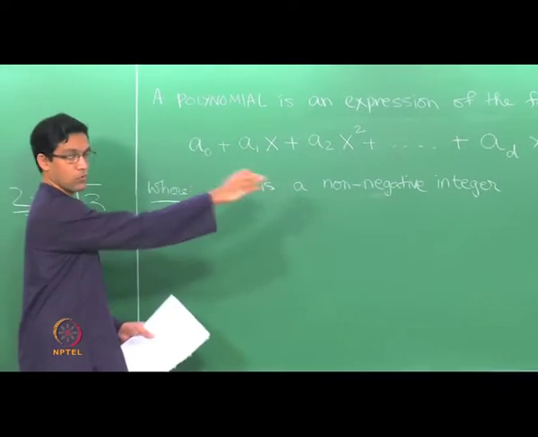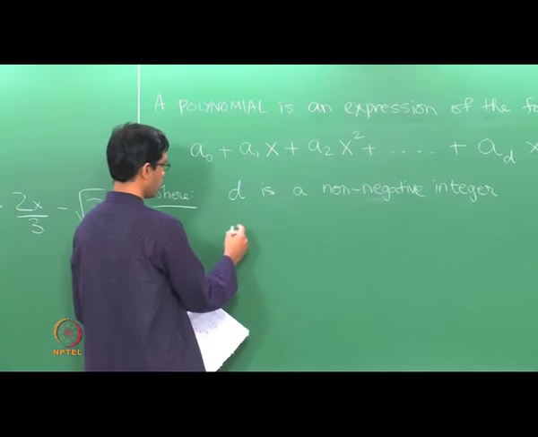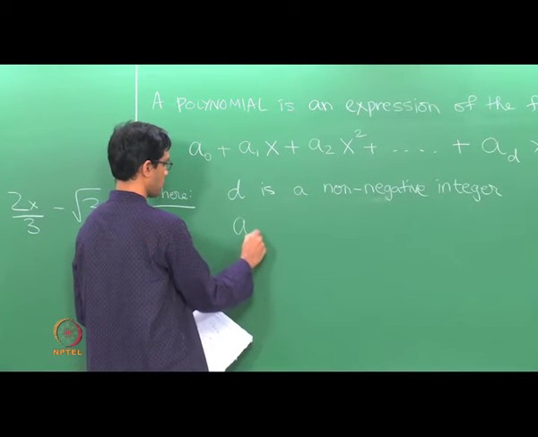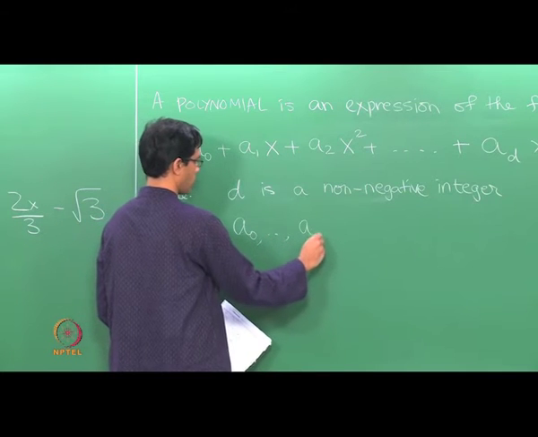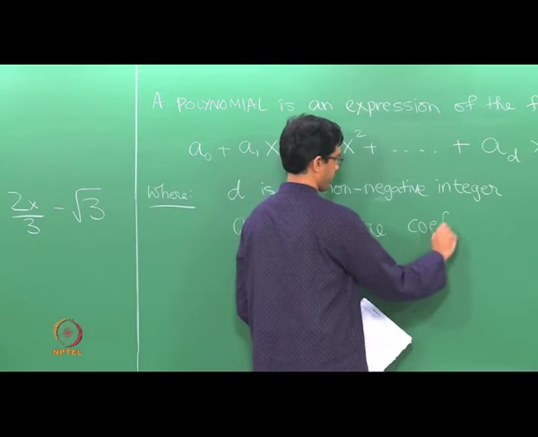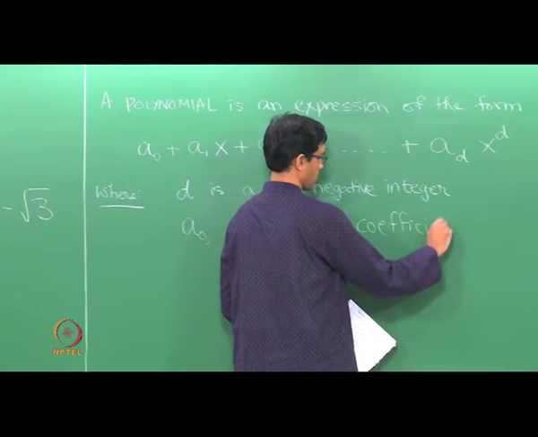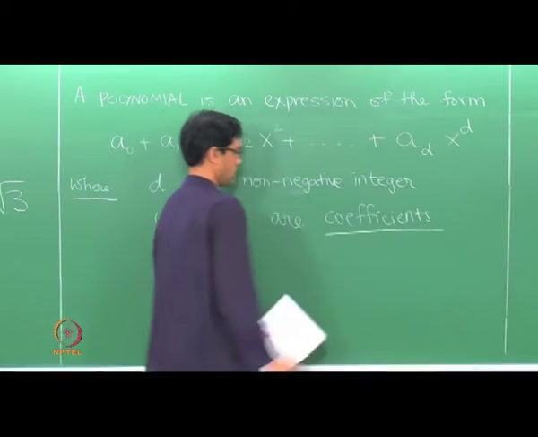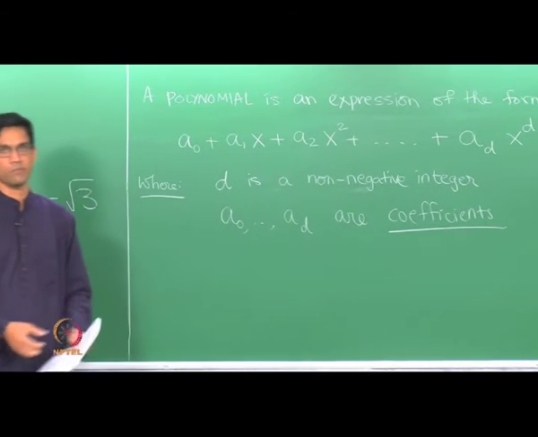And what are these ai's? So, a0, a1, a2 till ad are what are called the coefficients, and they can be numbers of various kinds.